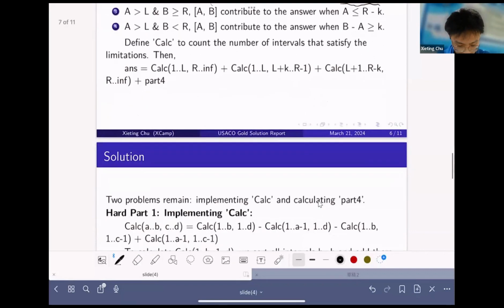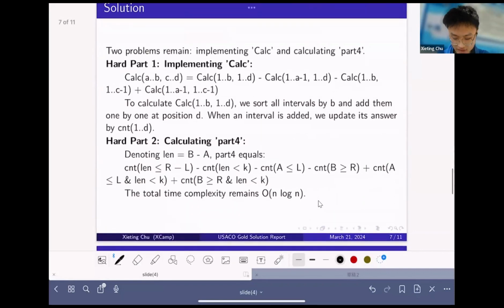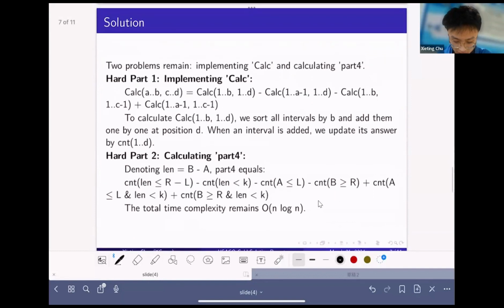Okay, and there are two problems remaining. The first problem is how to implement calc, and the second problem is how to calculate part 4.